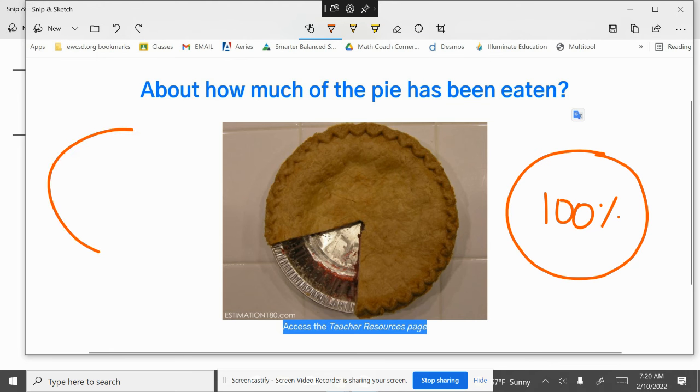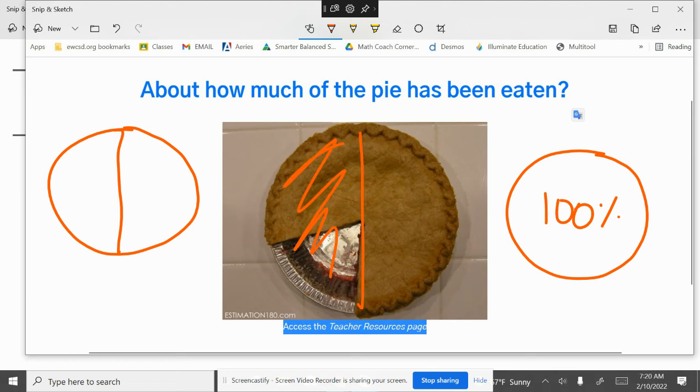The method I like to use when I'm looking at a circle graph: if I cut this in half, isn't this 50 and 50? Right? So we can tell this is less than 50, because 50 would be all of this, and that's not the case. So think of it that way.